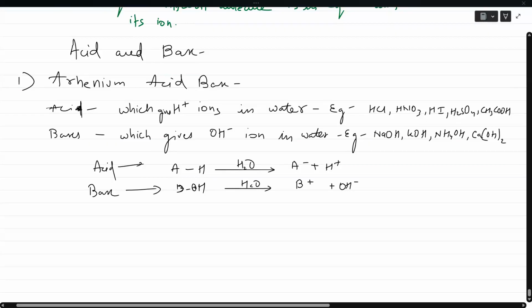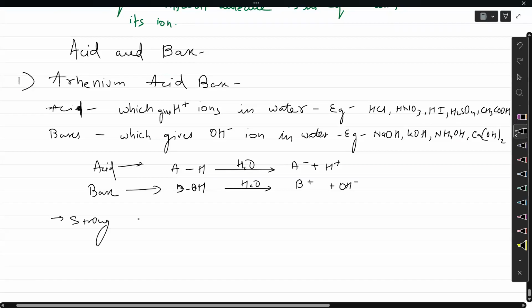Other points you should note: strong acid will completely dissociate, and so will strong base.